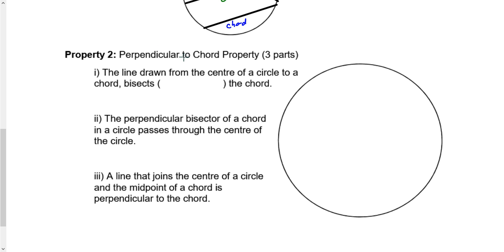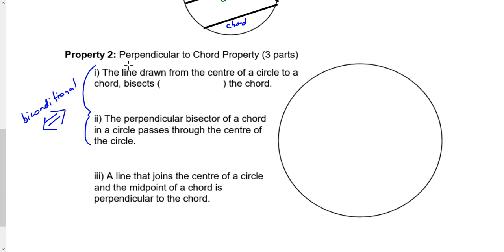It is known as the perpendicular to chord property. Now it has 3 parts, which really tie so well into each other. The first 2 for sure are known as biconditional, which means if you read it one way, it also reads the other way.